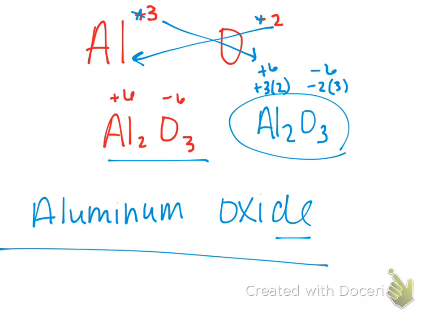Okay, do you want to try one on your own, or with your partner? You can try with your partner. Okay, let's see. I want a combination between potassium and phosphorus, or phosphide, sorry. Potassium and phosphide.